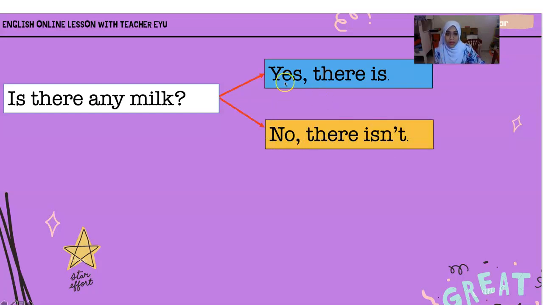If you can see, when the question starts with is, the answer also is or isn't. Kalau soalan dia mula daripada is, jawapan pun dia is ataupun isn't.